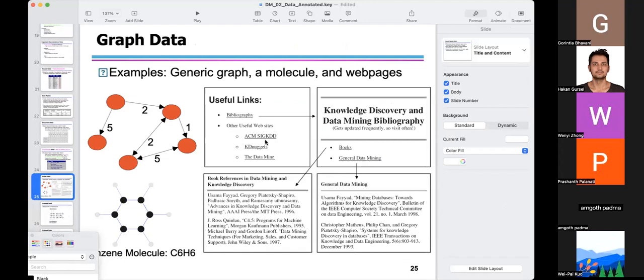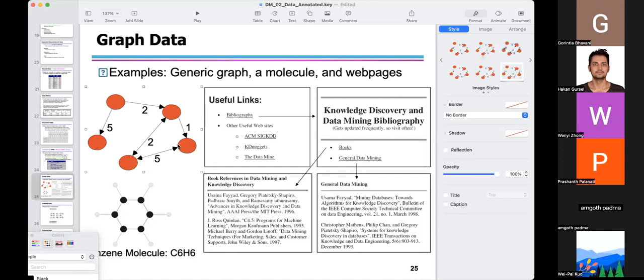Now, what about the other ones? Like we said, the World Wide Web does not look like a table. It looks like a graph. Let's say each web page is one of those red circles here, and the arrows between them are the links. The first page has a link to the second page, so an arrow is placed.